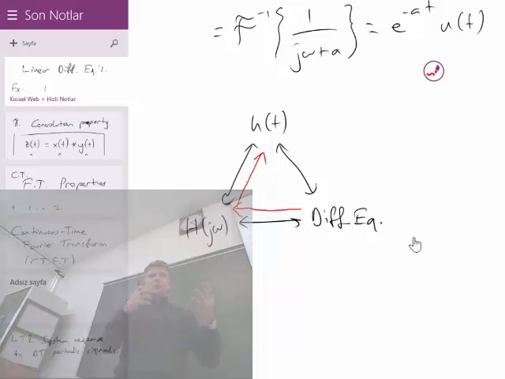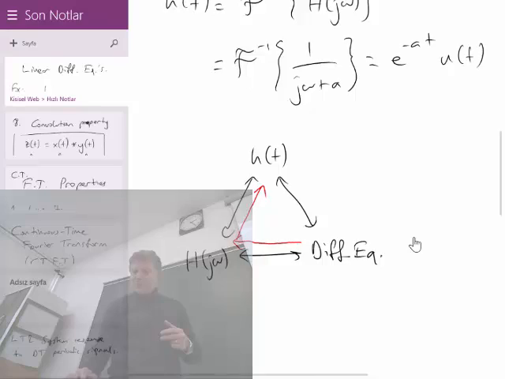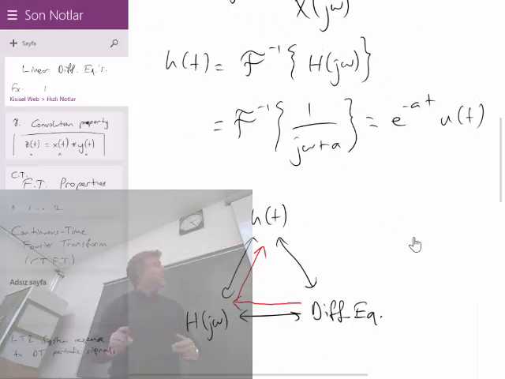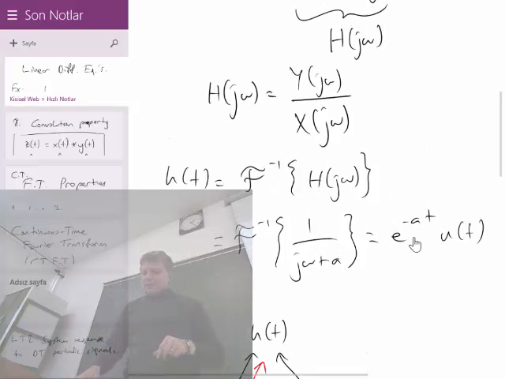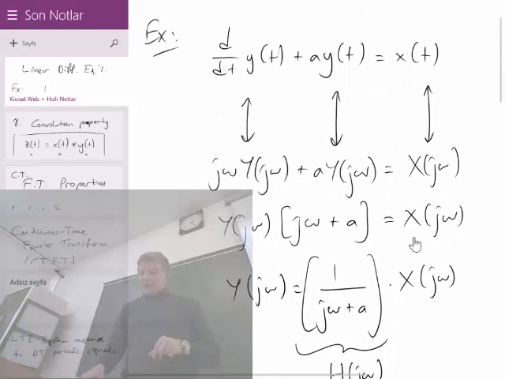It will correspond to two terms. One of them is 1 over (jω + a). The other one will correspond to 1 over (jω + b), for example. And when you combine those two rationals of jω, they will correspond to probably a second order differential equation, unlike the first order differential equation here.